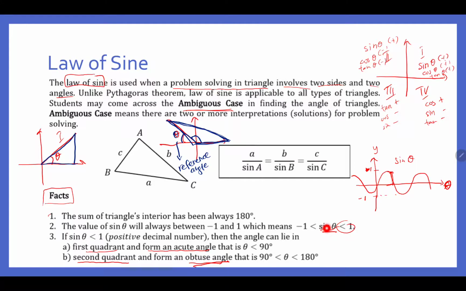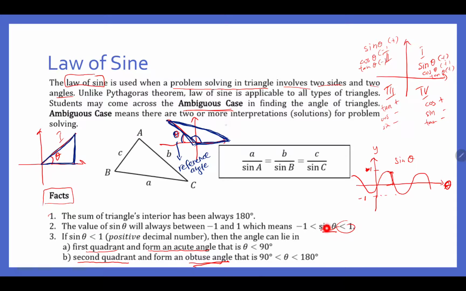So if the angle lies in the first quadrant, the shape of the triangle will be like this. And if the angle lies in the second quadrant, the shape of the triangle will be like this. It is an obtuse angle.